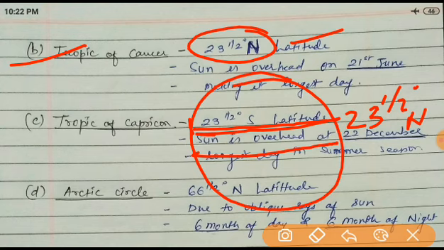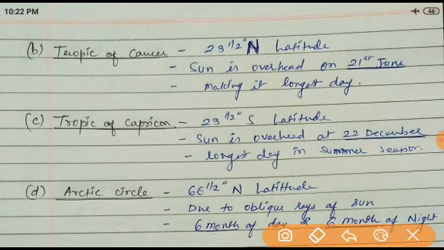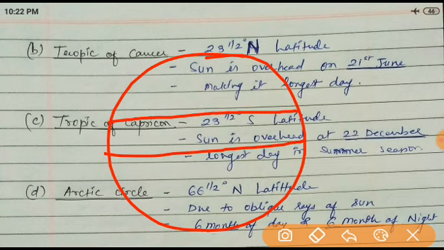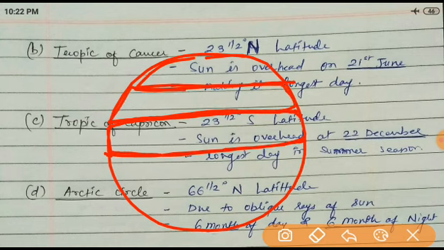In the next lecture you will understand why these are very important lines. Now see, this is the earth, the equator, the Tropic of Cancer, then the Arctic Circle. From the equator area the heat is very high, then it decreases, and the heat is completely decreased.